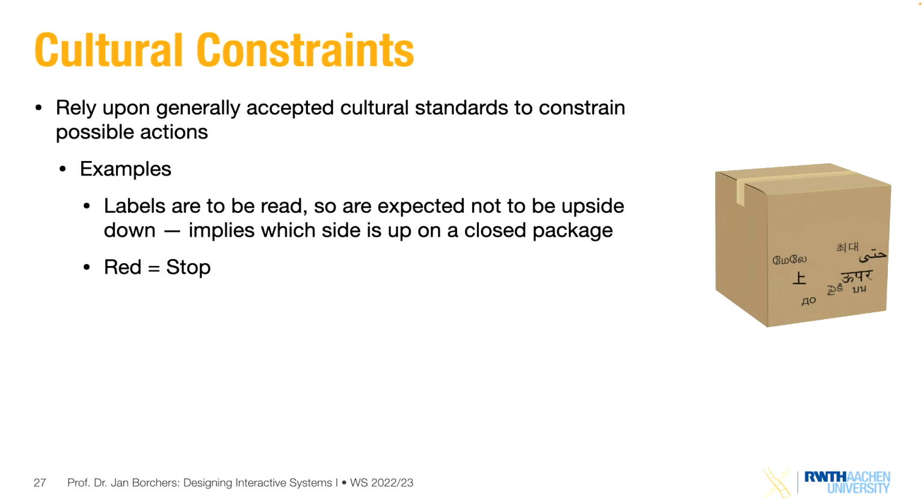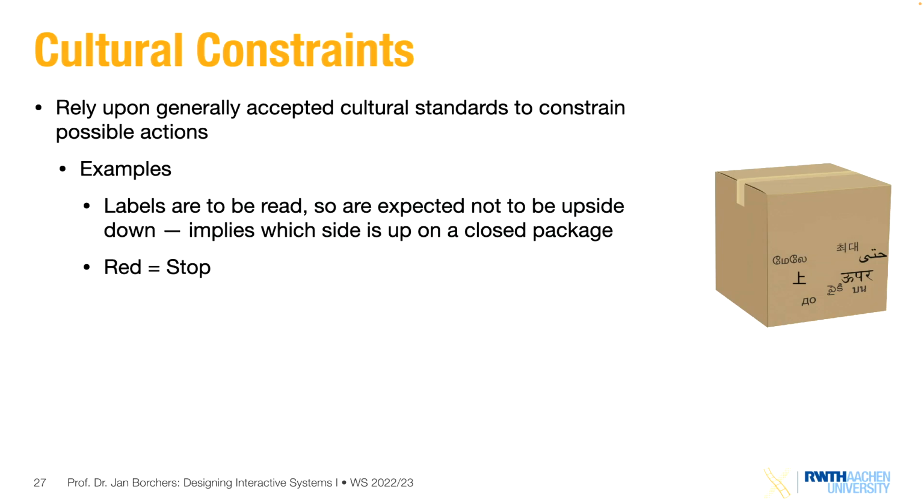And that could help you figure out which side is up on a closed package, even if you don't know the language, right? Not maybe for a good part of who's in the room today, maybe some of you can figure it out, but most of you may not know these writing systems, however, right? So if the writing system is unknown to you, then you cannot use this cultural constraint, so it won't work for that cultural group.